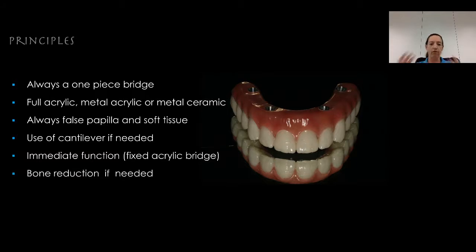It can be full acrylic or metal ceramic. It will always have false papilla and false soft tissue, as you can see, the big gingiva. It will use cantilever if needed, and it will allow for immediate function with an all-acrylic bridge. We will need bone reduction if necessary in several cases, as I'm going to show you.